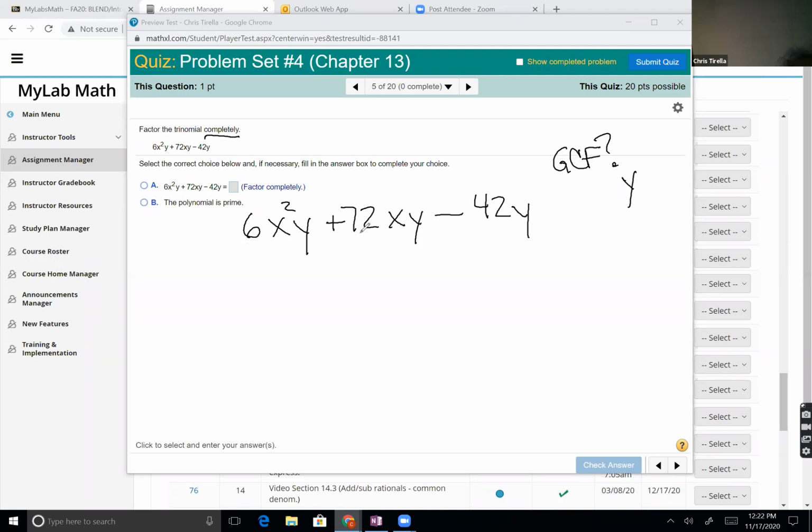Does 6 go into 72 evenly? Yep. Does 6 go into 42 evenly? Yep. So my common factor is 6y. And when I divide this by 6y, I'm left with x squared. When I divide this by 6y, I'm left with 12x. And when I divide this by 6y, I'm left with 7.